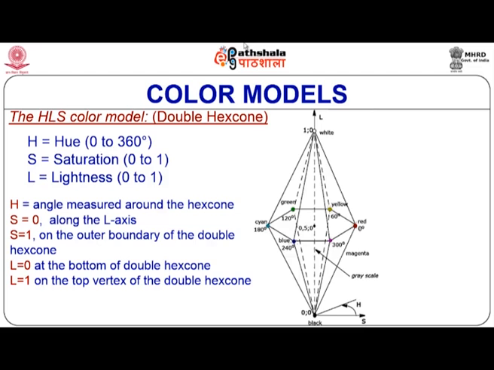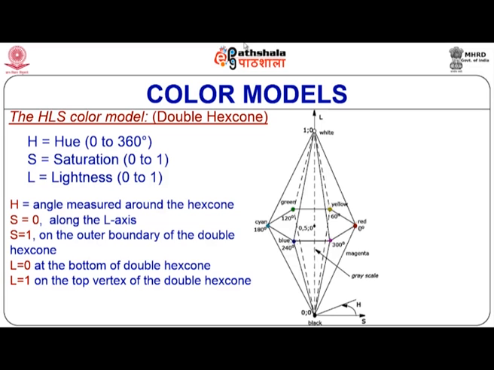The 2 hex cones are one inverted above the other, and the central line connecting the black and white vertices is the gray line again. But the difference between the HSV and HLS color models is that the central plane of the HLS color model is where the pure colors lie.